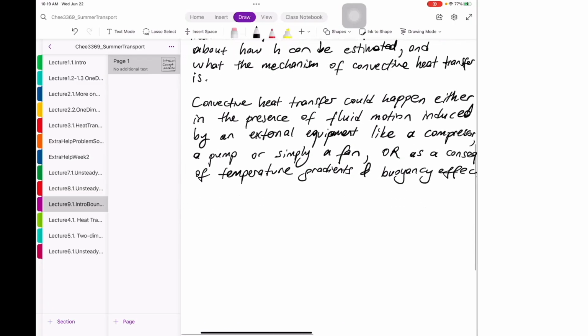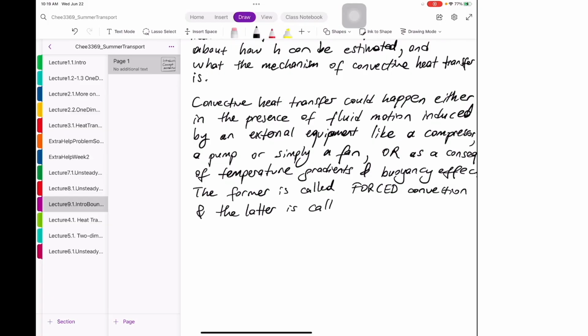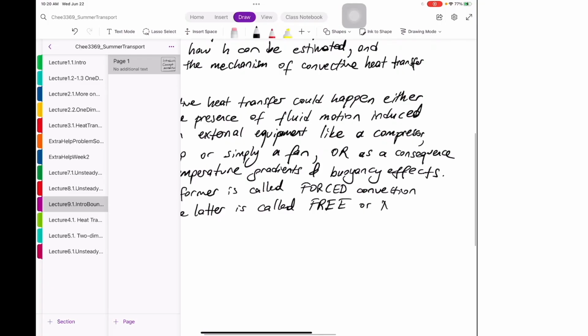And the former, the first one, is called forced convection, as we have learned before. And the latter, the second one, is called free or natural convection.